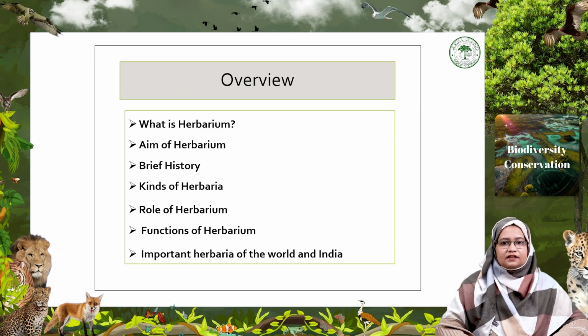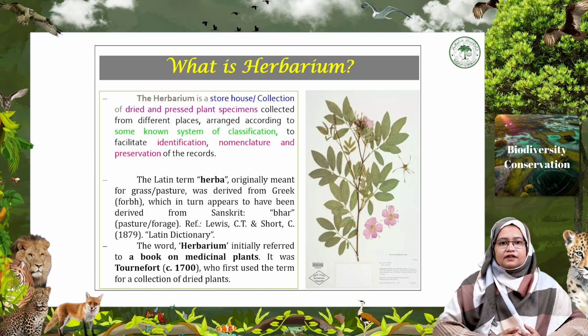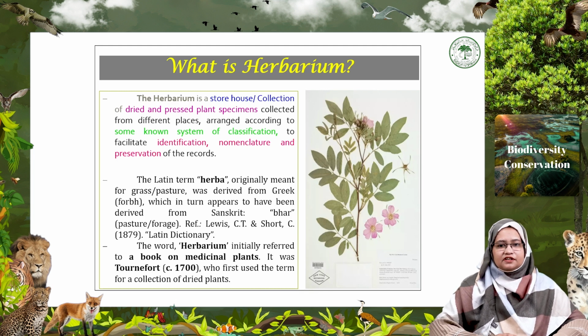So starting with herbaria, what is a herbarium? Building on the previous discussion, we will delve into the fascinating world of herbaria. A herbarium is essentially a collection of preserved plant specimens that are used for scientific study. As you can see in this image, this is a preserved specimen of a plant used for scientific study.